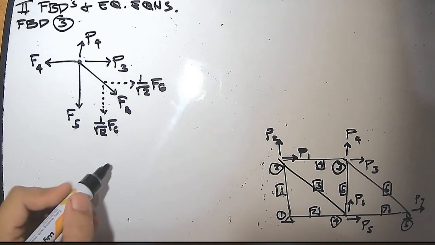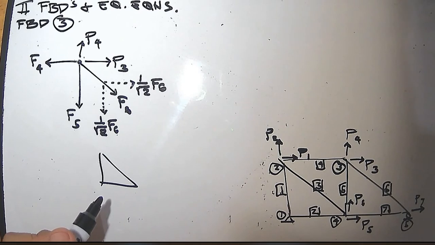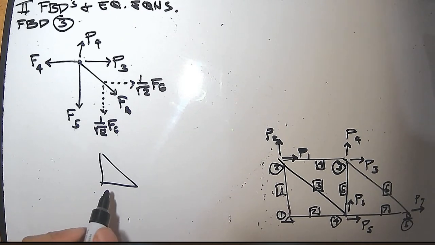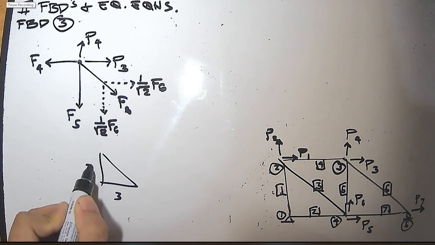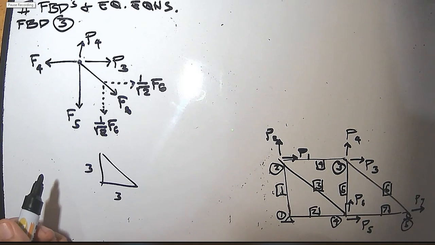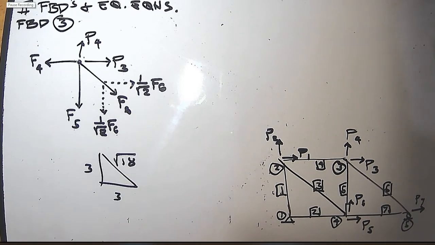Paano nangyari yan? Okay, so, remember na yung dimensions ng ating figure ay this is 3 meters and then 3 meters. Tapos, this is square root of 18.